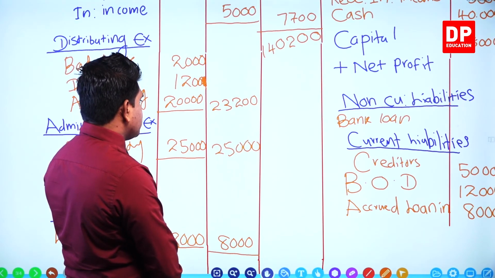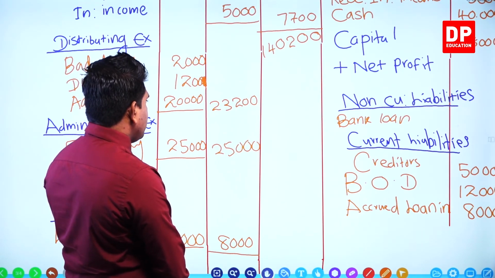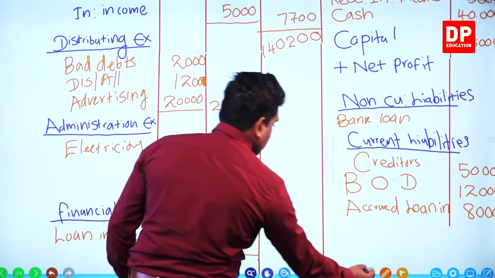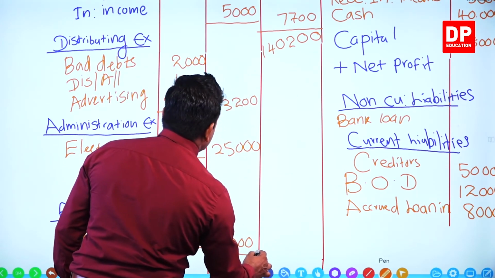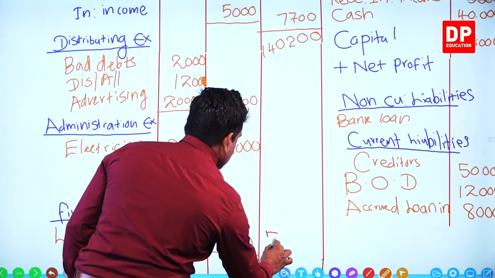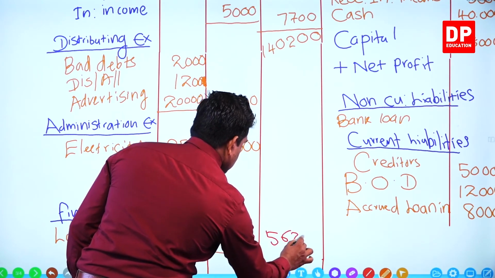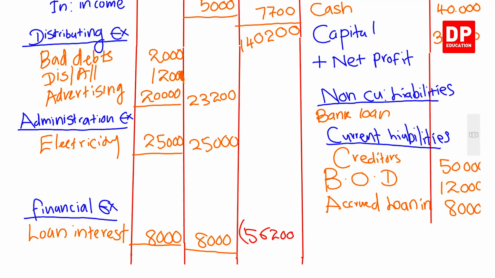Then 56,200 is the total. Put in the brackets.